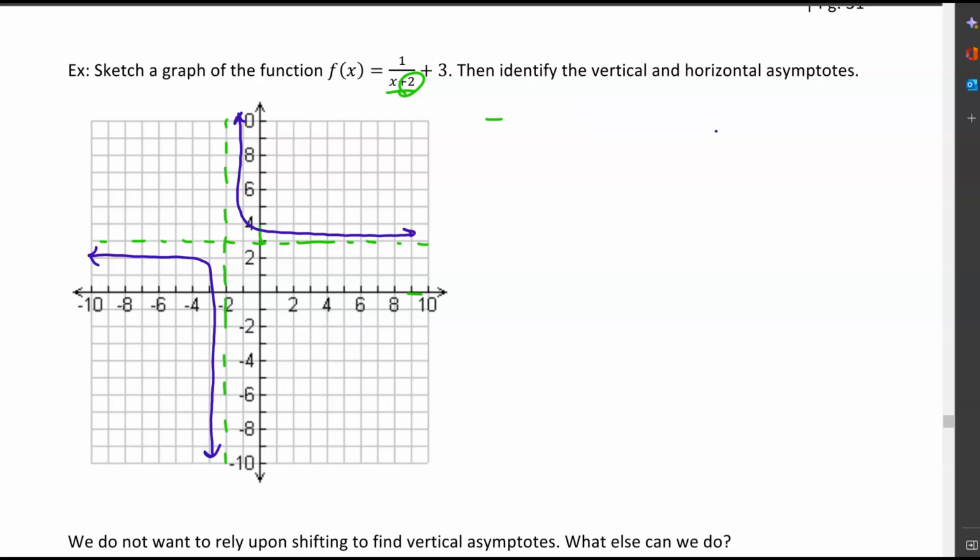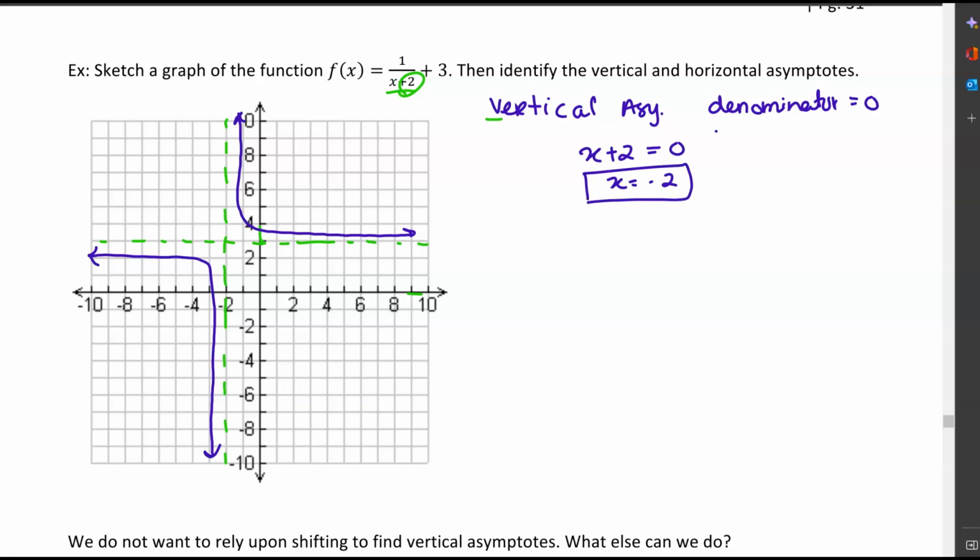Therefore, what's going to be our vertical asymptote? It occurs when we set that denominator equal to 0. We set x plus 2 equal to 0, and we get x equals negative 2. This is our vertical asymptote, and we saw that here.